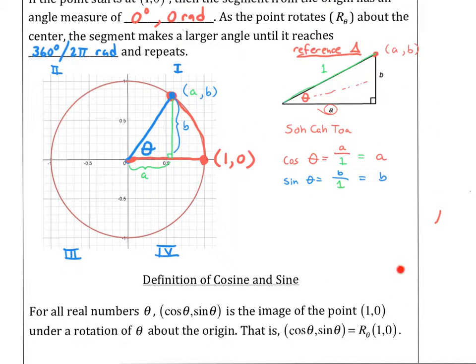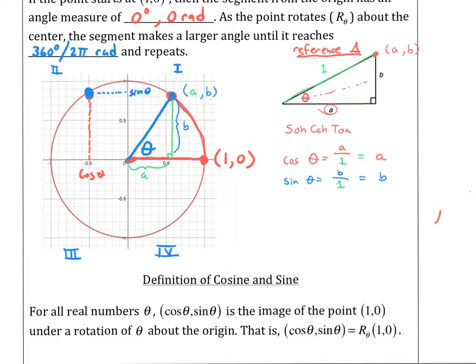So, wherever we rotate it, let's just pretend I rotate to here. This height right there is my sine, and this x value is my cosine. Wherever this blue one rotates to, as it goes around, this just represents the sine and cosine.